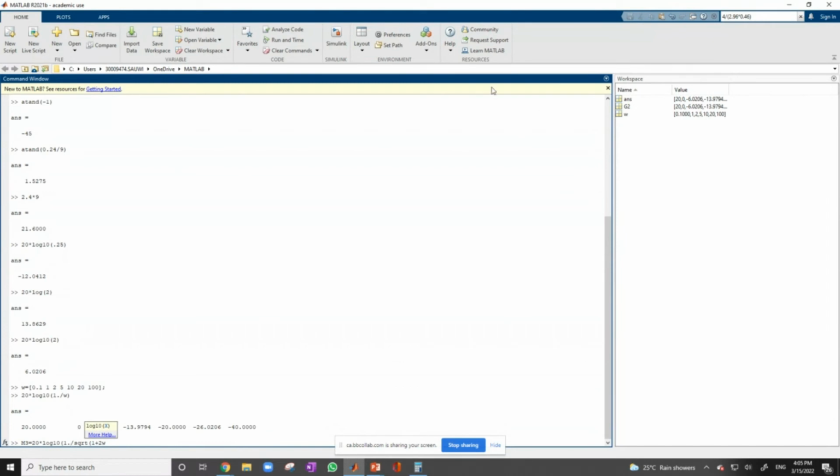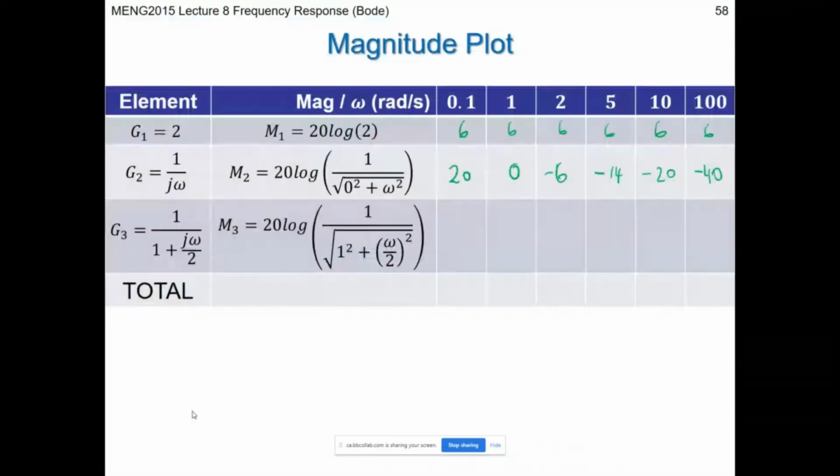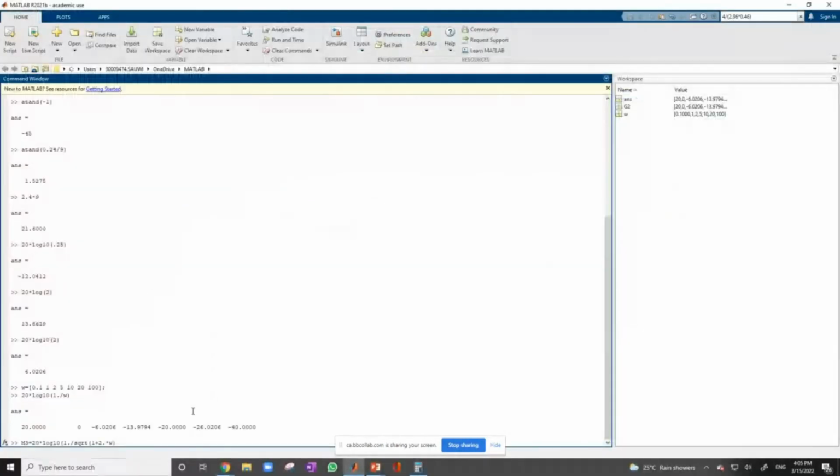Every time you have an array, because I've made omega into a matrix or an array, you have to use the dot slash format, because that tells MATLAB to multiply term by term instead of trying to treat it as a matrix multiplier. It's omega squared upon omega upon 2 all squared, right?